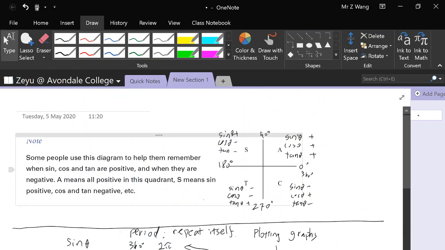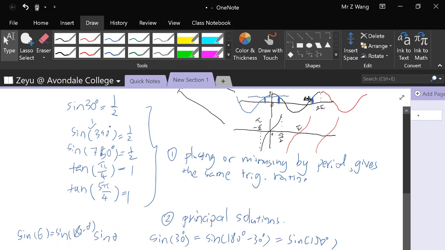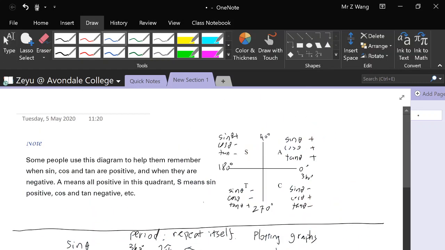And when talking about cosine theta, you say cosine 60 is cosine 300. So still 60 versus negative 60 degrees, or 300 degrees, if you prefer to call it. So those are two principal solutions.